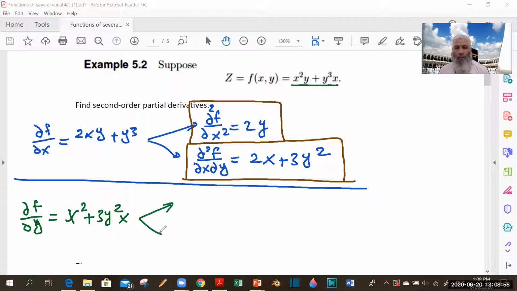So now we have two more, d2f dy squared and d2f dy dx.